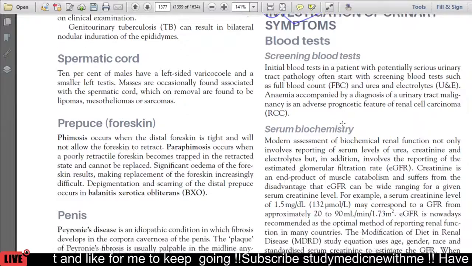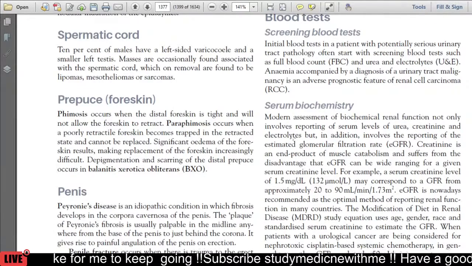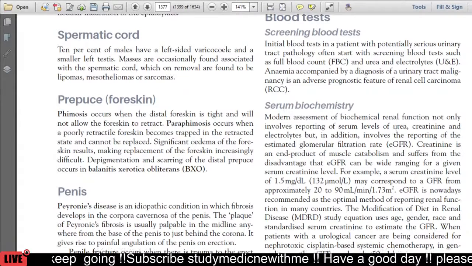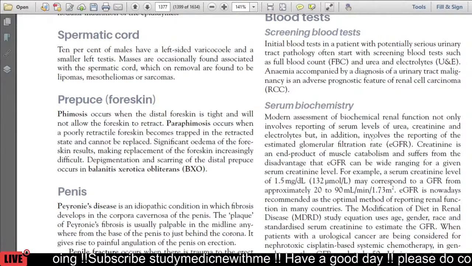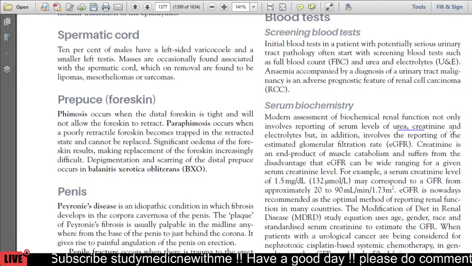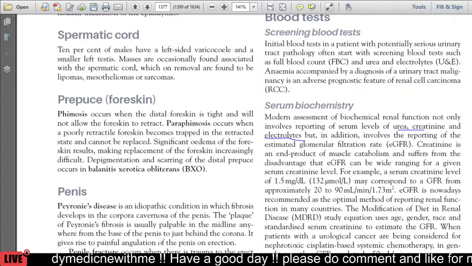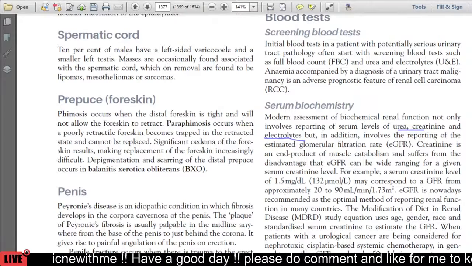Serum biochemistry. Modern assessment of biochemical renal function not only involves reporting of serum levels of urea, creatinine, and electrolytes, but in addition involves reporting of the estimated glomerular filtration rate.